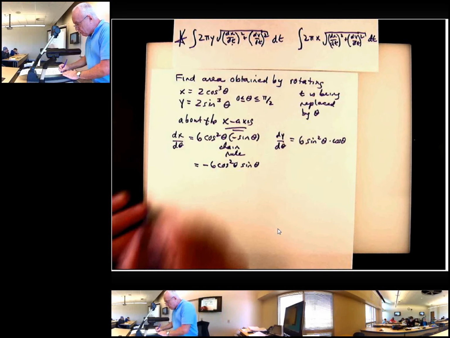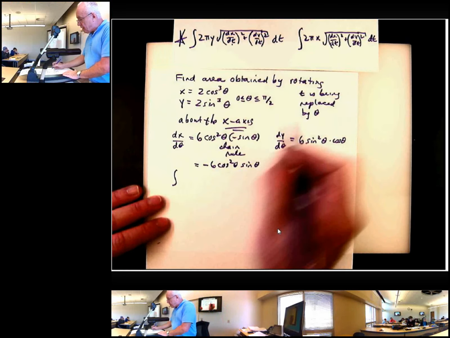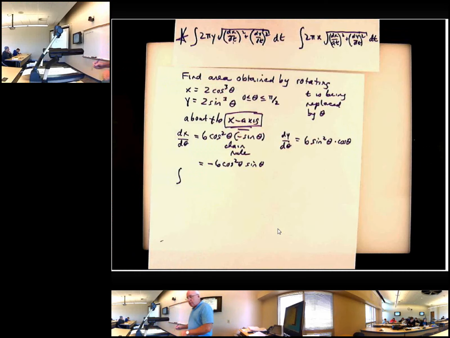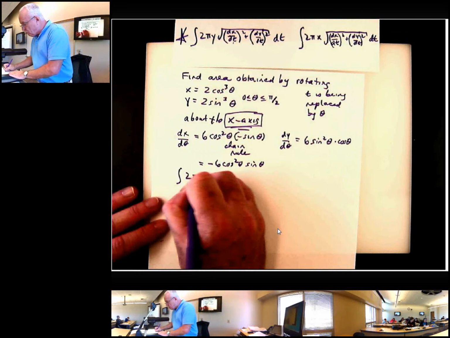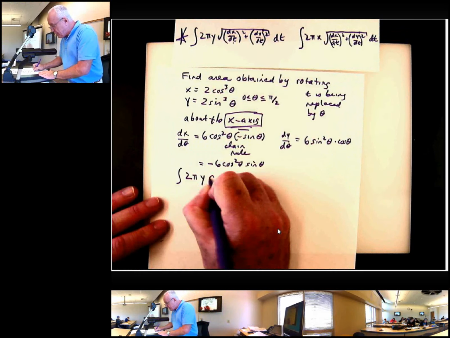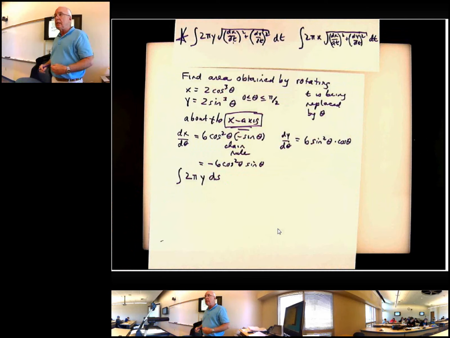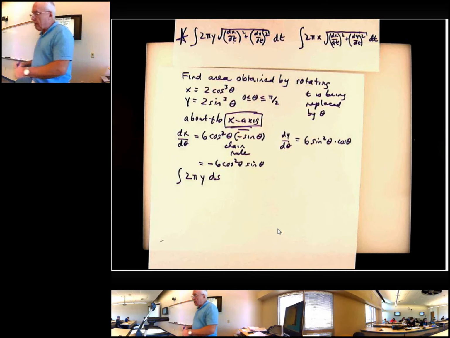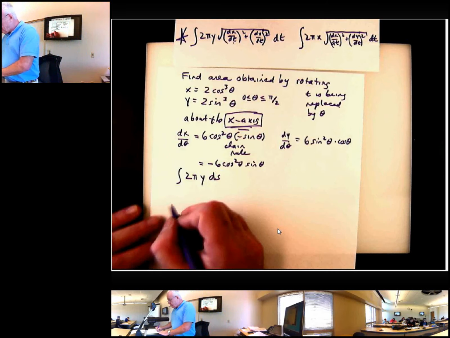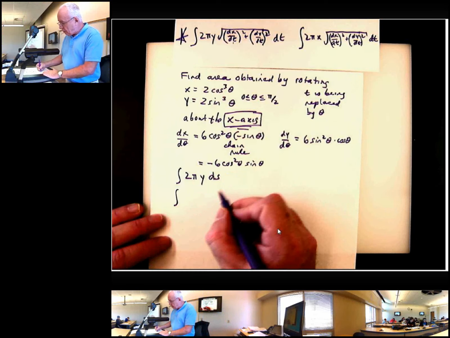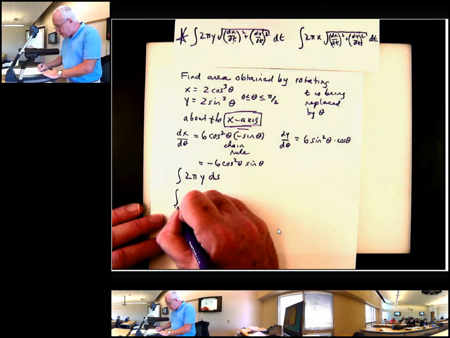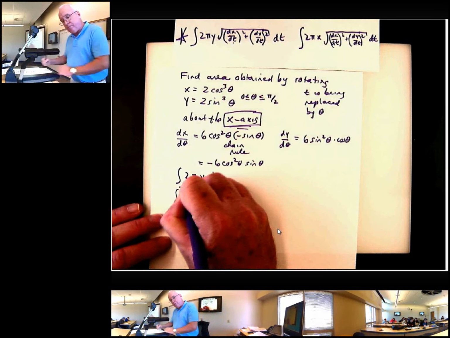So remember our general formula here. Now we're rotating this about the x-axis, so let me write down the general formula. It's going to be 2 pi y ds, because we're rotating about the x-axis. All right. So first of all, our limits of integration are going to be 0 and pi over 2.